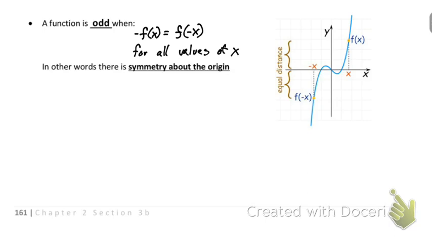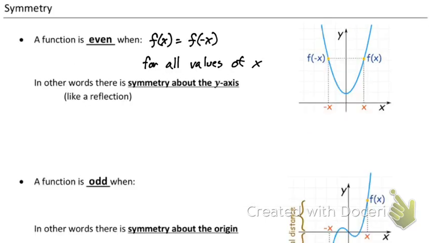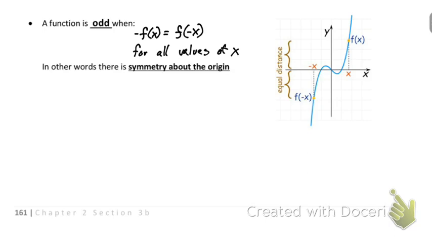This is called symmetry about the origin, where for even I can just flip it straight across and it will match up. What odd is, you need to actually rotate it 180 degrees around here and it will match up then. That is symmetry about the origin. So that is our odd function. That is about all we're going to talk about for even and odd today.